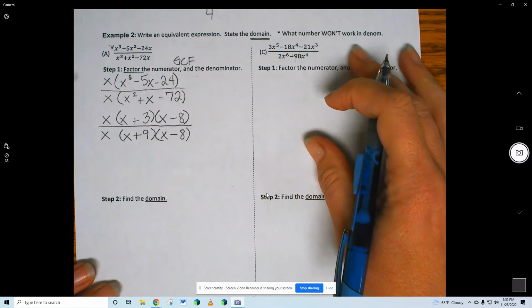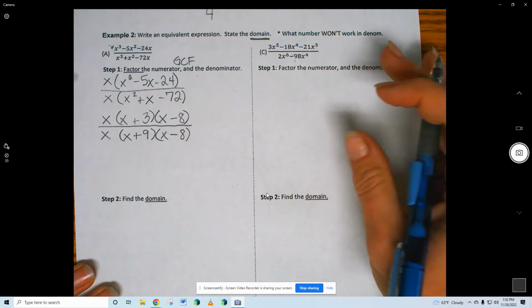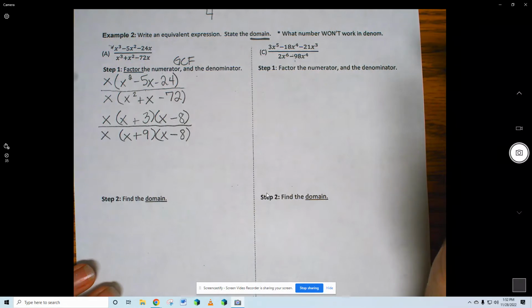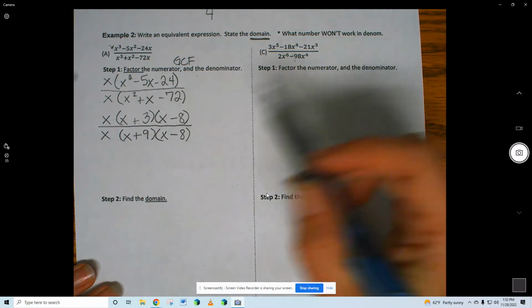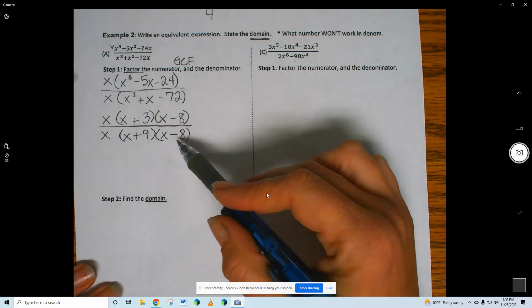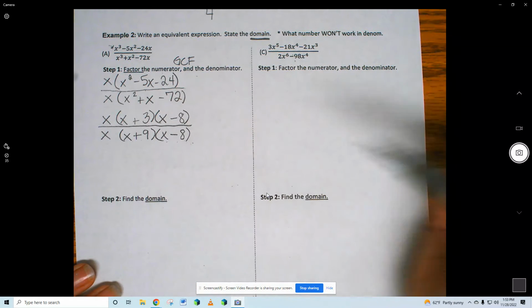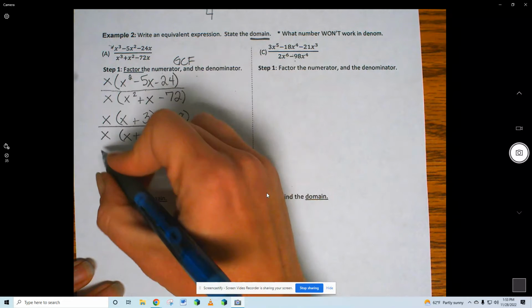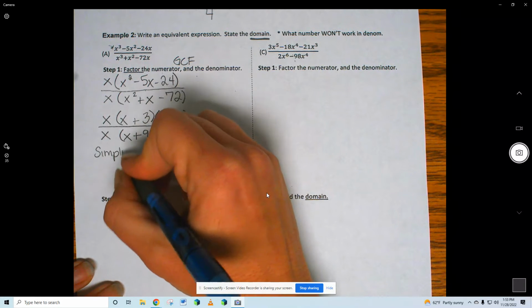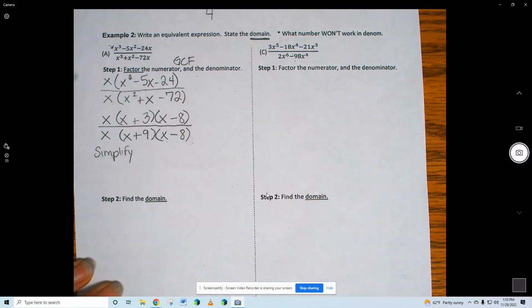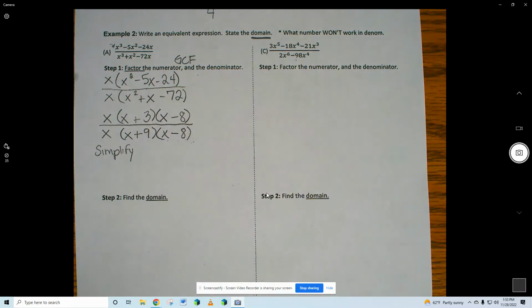Now, I need to look at, right now, this is my denominator, x plus 9, and x minus 8. Is there anything that I can simplify? So I'm going to simplify, right? What can I cross out?